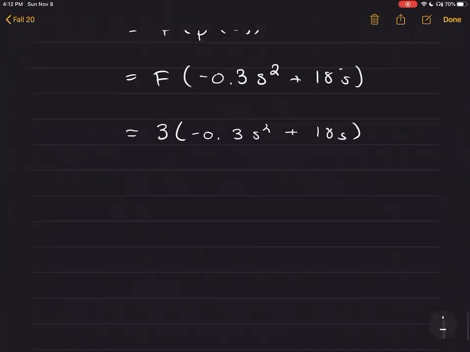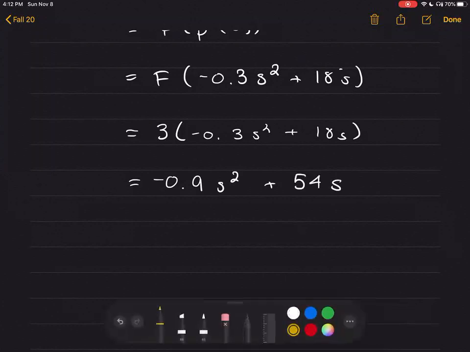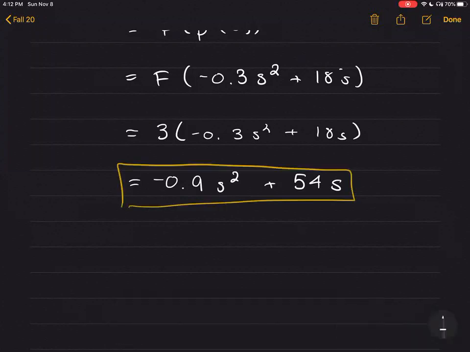And then if we distribute the 3 inside, we get negative 0.9 S squared plus, and 3 times 18 is 54 S. And so this right here is the function that describes how much money you'd expect the bus to make depending on how many stops you have for it, which is cool. Because that way you can design your bus routes based on how many stops if you wanted to maximize how much money you're making from the bus routes. All right, cool. So this was an application of composition.